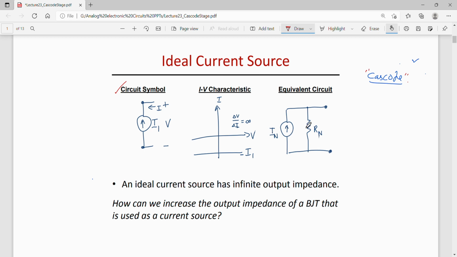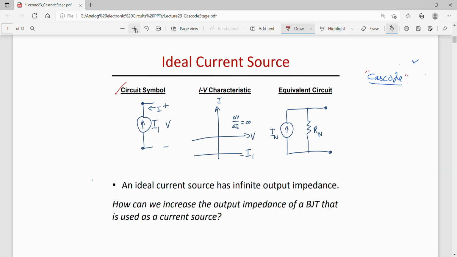Now when I say ideal current source, that means this current source should provide a constant current which does not even change when the bias voltage of its source changes, right? So the current provided by this current source is constant.